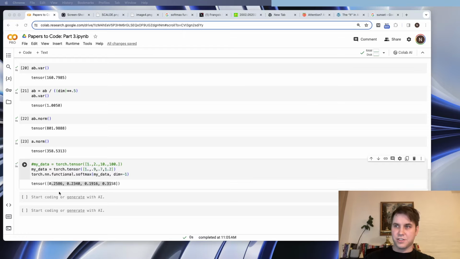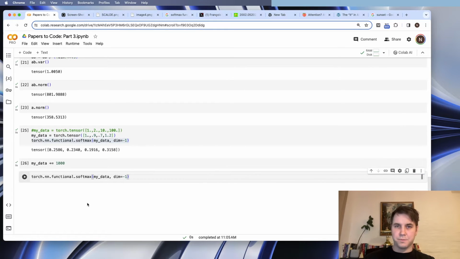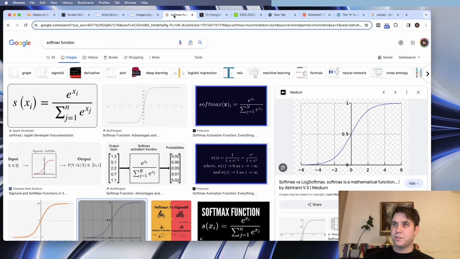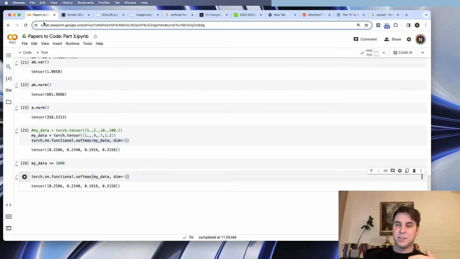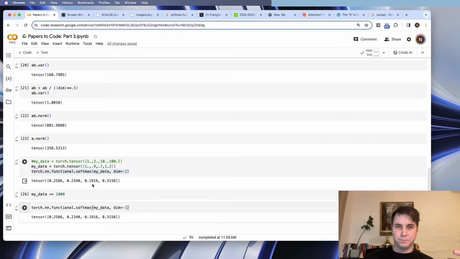In fact, let's just add 1,000 to each data point. What happens to the softmax? The softmax stays exactly the same. And that's just by nature of how the function works. So we really care about variance. It's okay if the norm explodes. This is just a little demonstration to show why we're scaling this down.